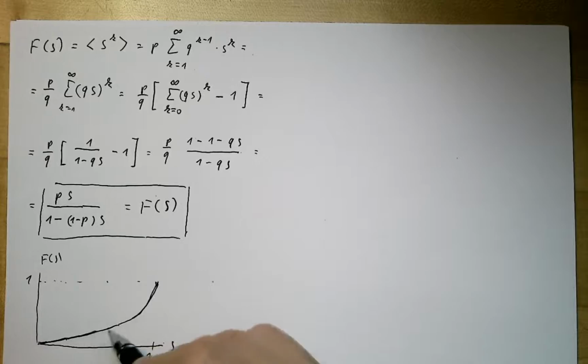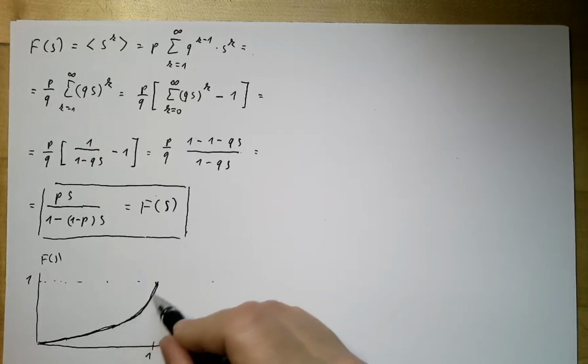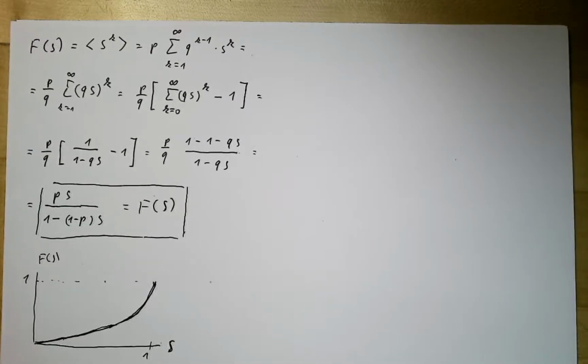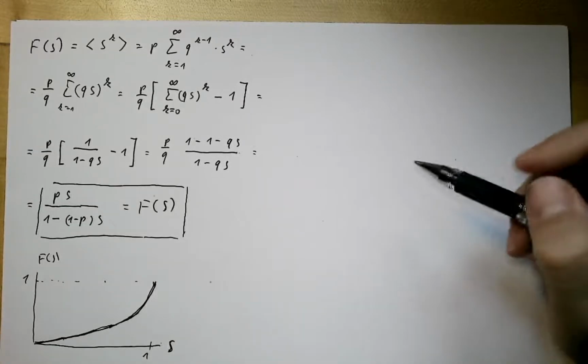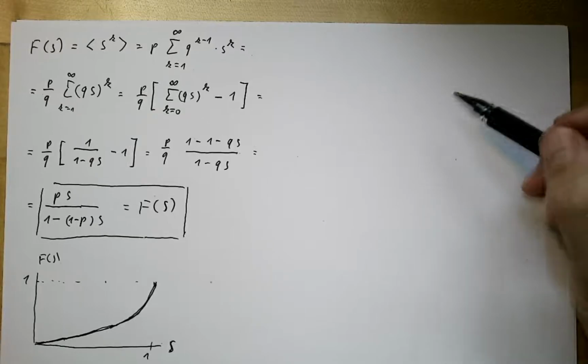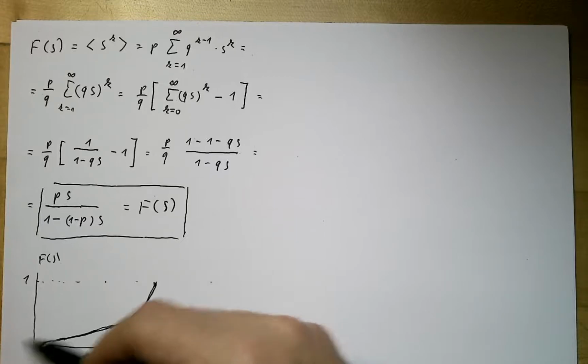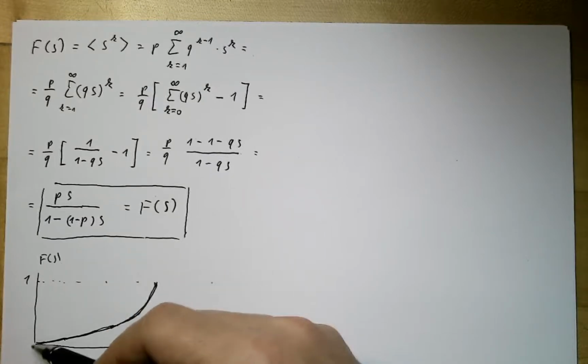So again, the generating function is just a simple function of our argument s. And now we don't need to look for the behavior at 0, because we know this already. We know already the coefficients, or the probabilities, of our series or probability function.